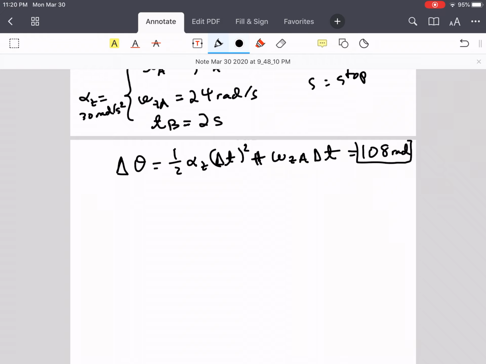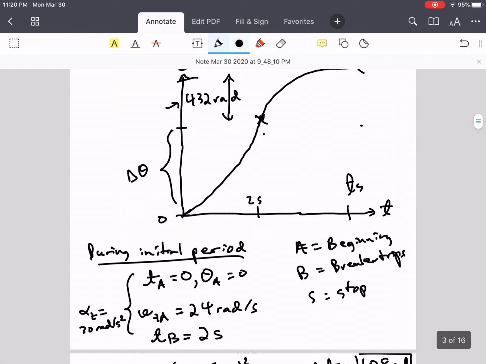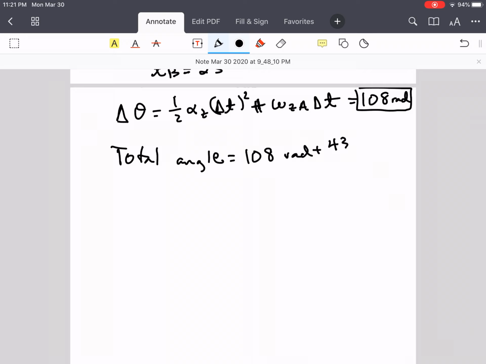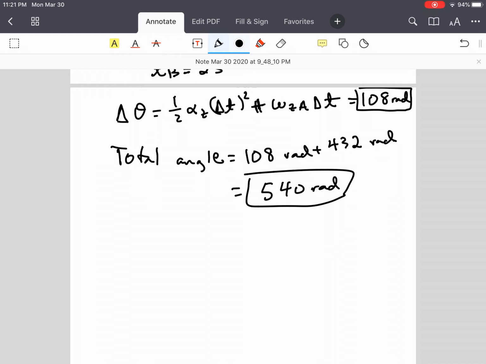So during this first little bit, I now know that I'm turning 108 radians, and I turn another 432. So the total angle that I go through is 108 radians plus 432 radians, and that is 540 radians. Woohoo.